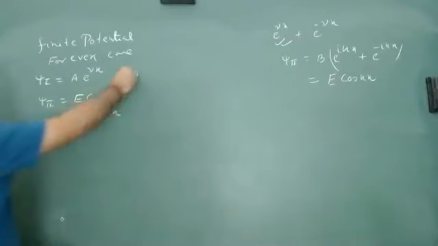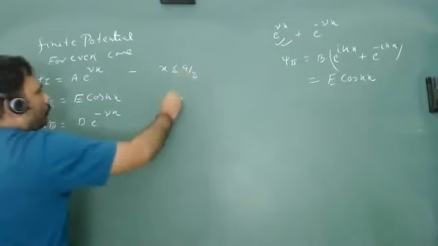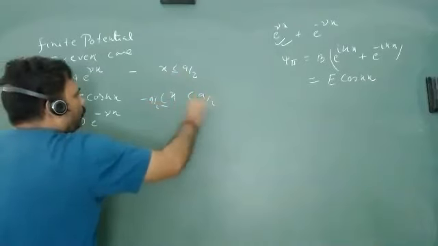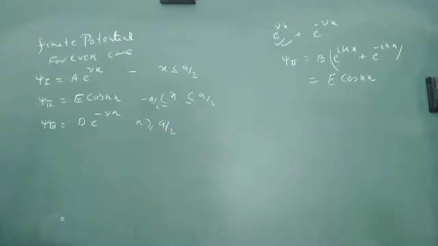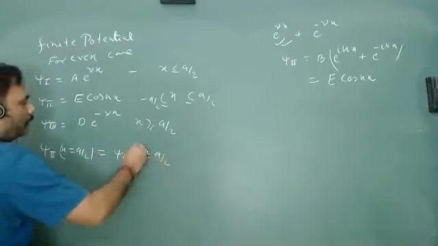This is for x less than minus a by 2, this is for minus a by 2 to a by 2, and this is for x greater than a by 2. Now let's use this. So you have psi 2 at x equal to a by 2 must be equal to psi 3 at x equal to a by 2.